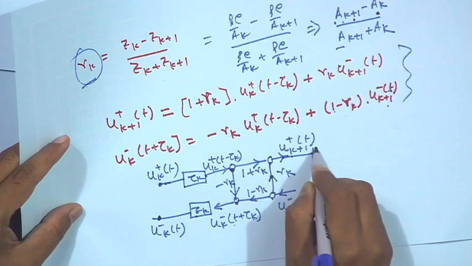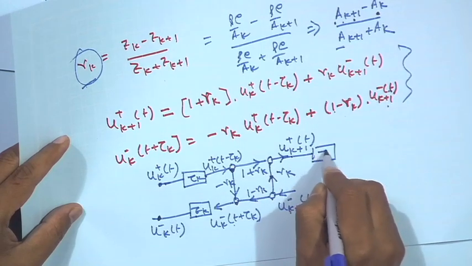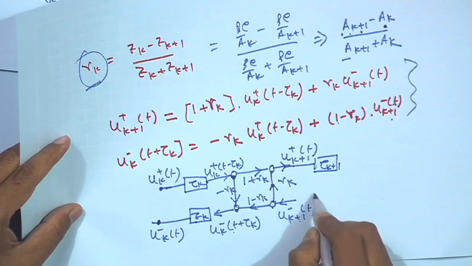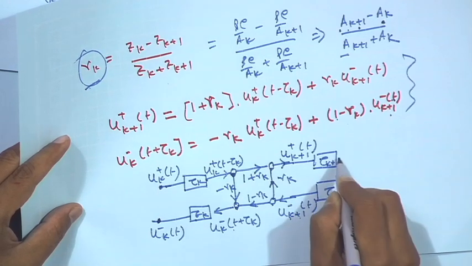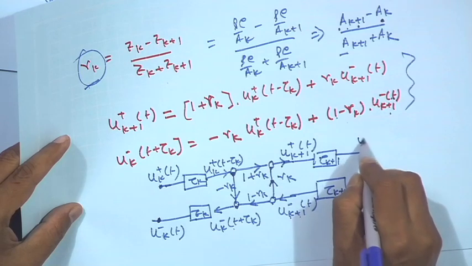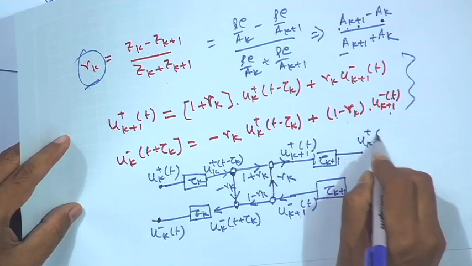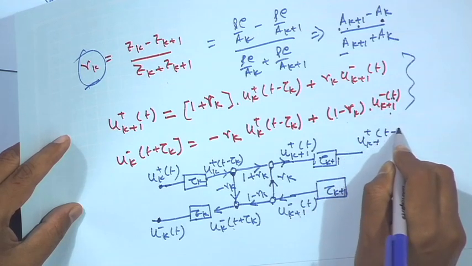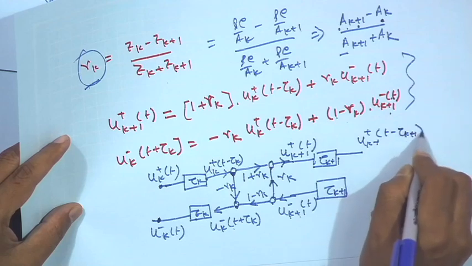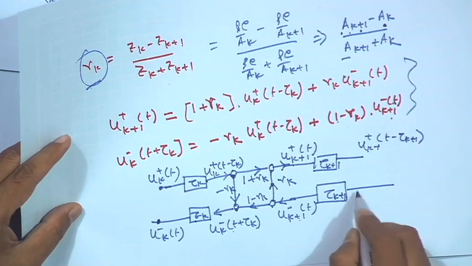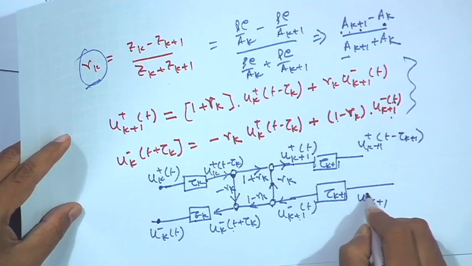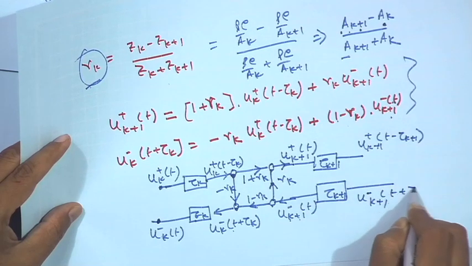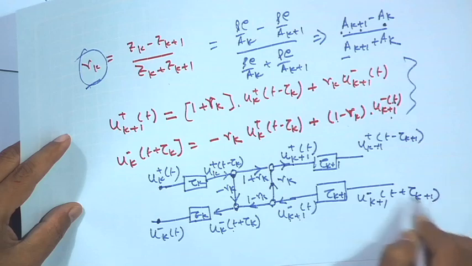Here is the delay of the (k+1)th tube, tau_{k+1}, and here will be the delay of the (k+1)th tube, tau_{k+1}, and I can get u_{k+1}^+(t minus tau_{k+1}), and here I get u_{k+1}^-(t plus tau_{k+1}).